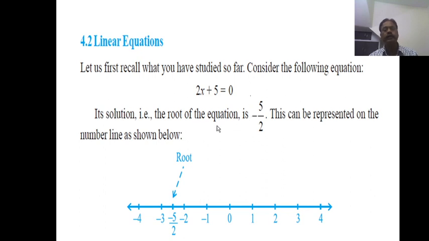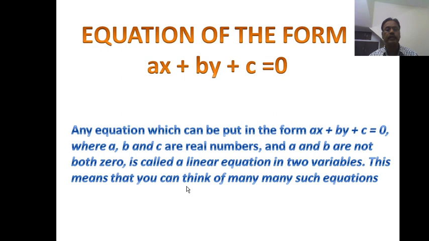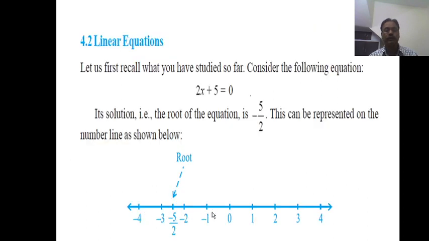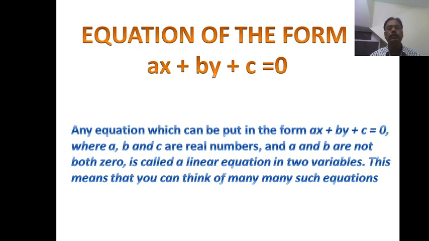We say the solution or the root of this linear equation is minus 5 by 2, and we can represent it on the number line like this. Understand? So this is the linear equation in one variable, but our chapter is linear equations in two variables.